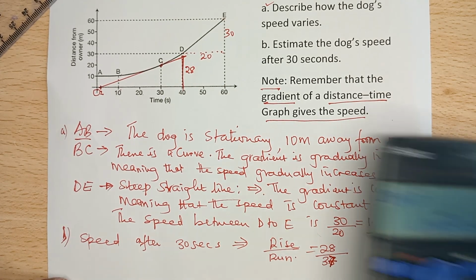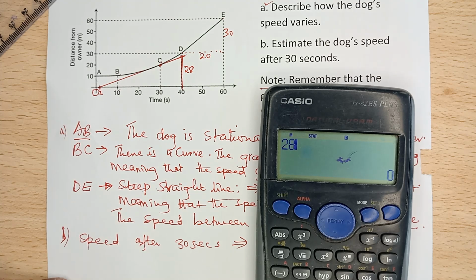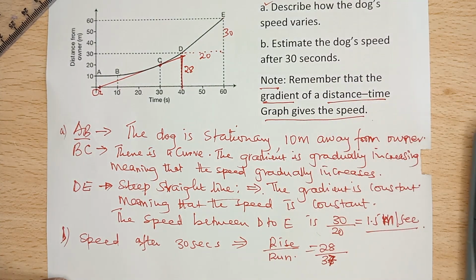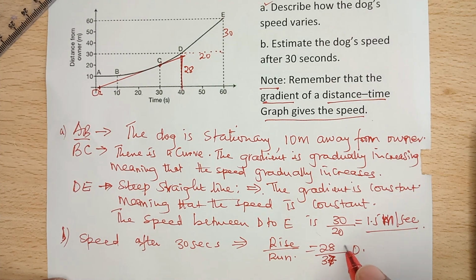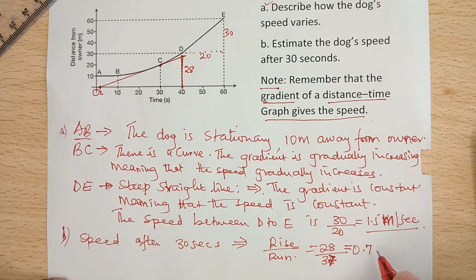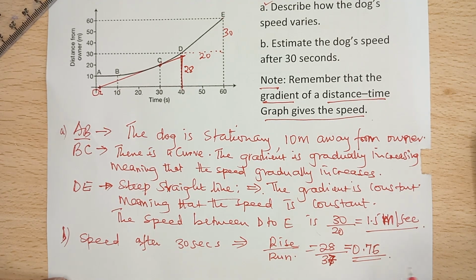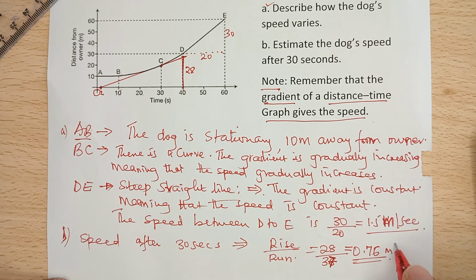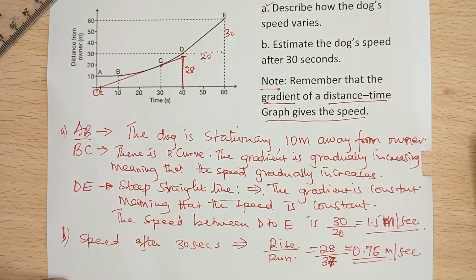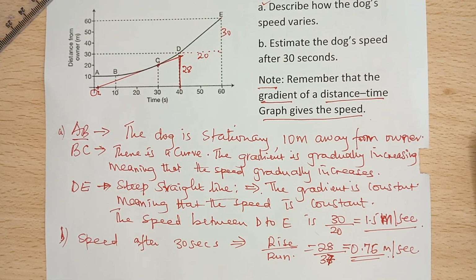So 28 divided by 37 is about 0.756, or 0.76. The speed of the dog at the 30th second is 0.76 meters per second or thereabout.